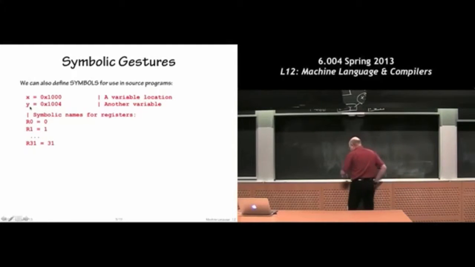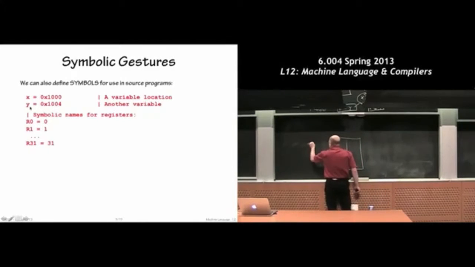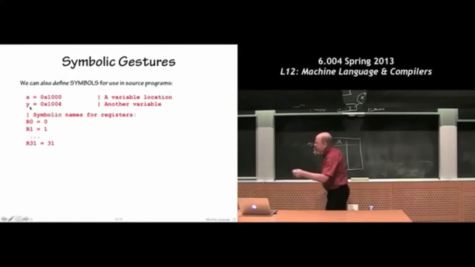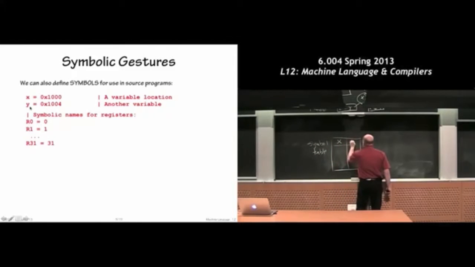The way the assembler works with that is it's going to build itself a symbol table. A symbol table is just a data structure that takes the name of a symbol, for instance, X, and associates it with a particular value, in this case hex 1000, like so.